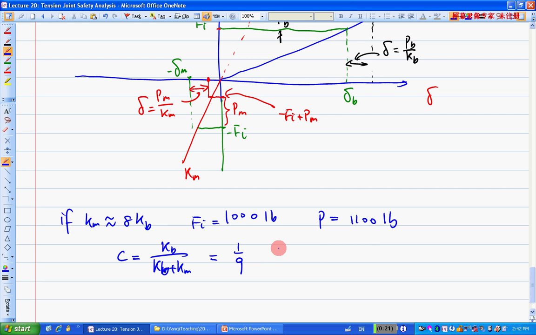That means the portion of load taken by the bolts is 1 over 9 times P, so C times P. 1 over 9 times P is approximately 122 pound force.